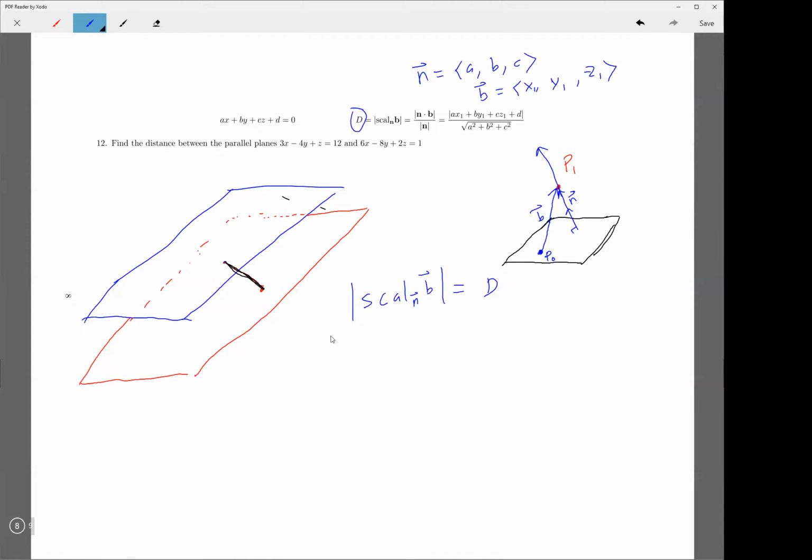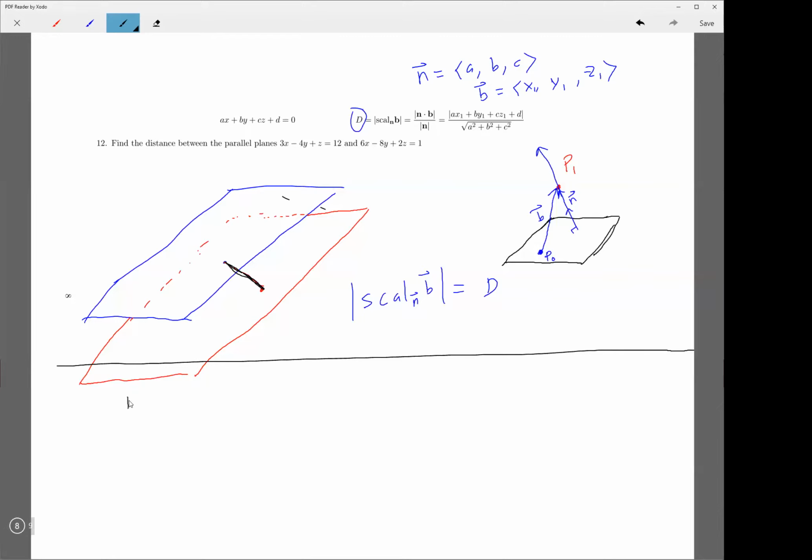So let's get down to work and go through the problem. Basically what we need is a point that's in one of these planes, and we need points in each plane. We need a point from here and a point from there, any points.